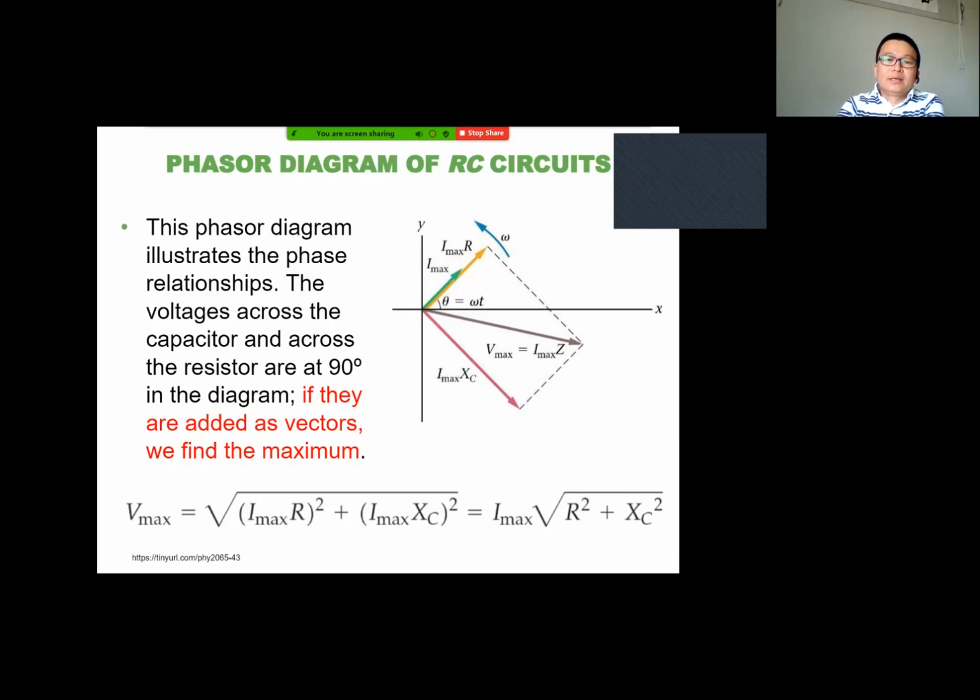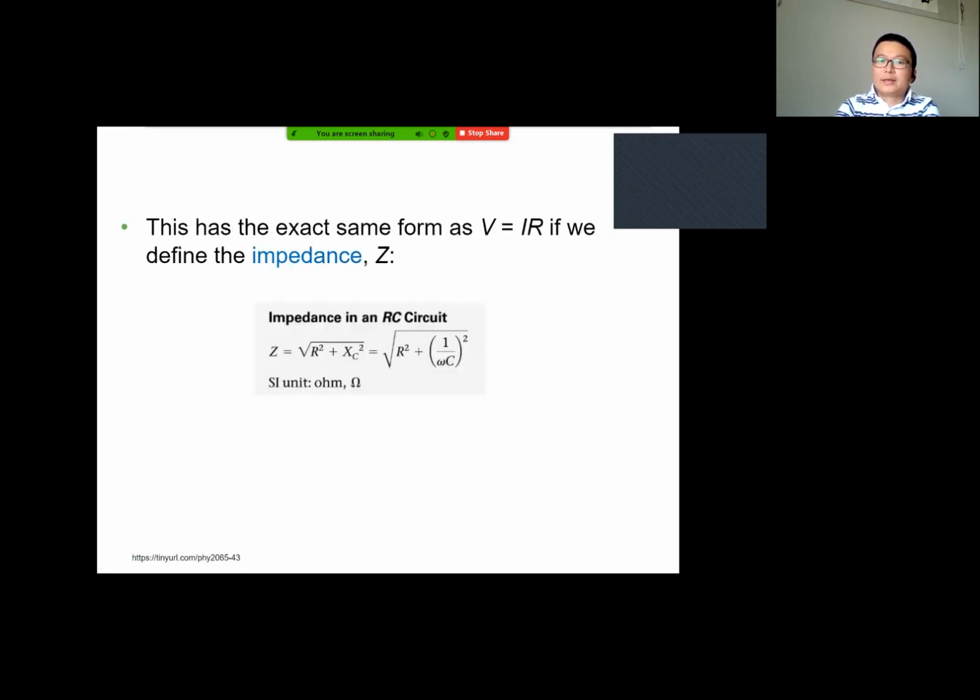It turns out the total V max is equal to the total I max times the square root of R squared plus XC squared. This is the impedance Z of the RC circuit, and XC is the capacitive reactance that we learned earlier.